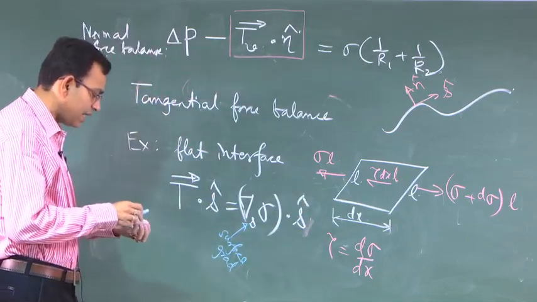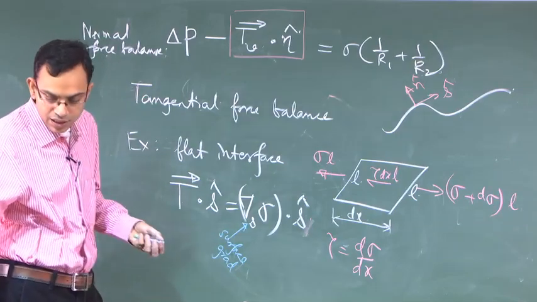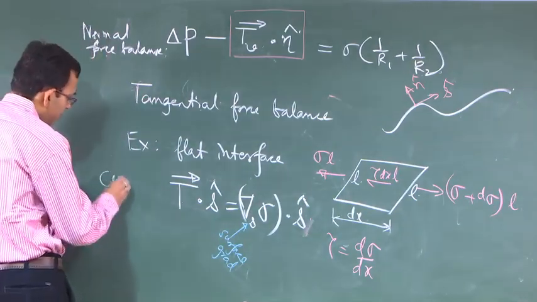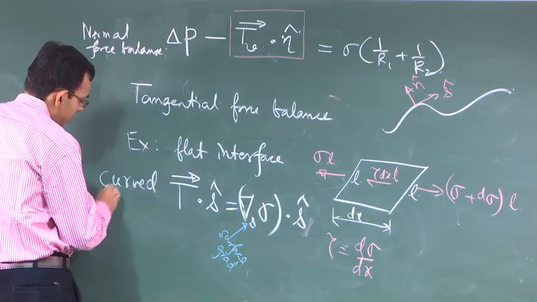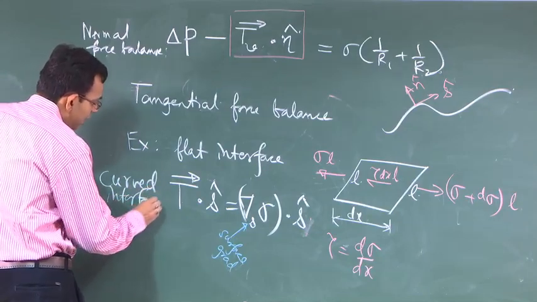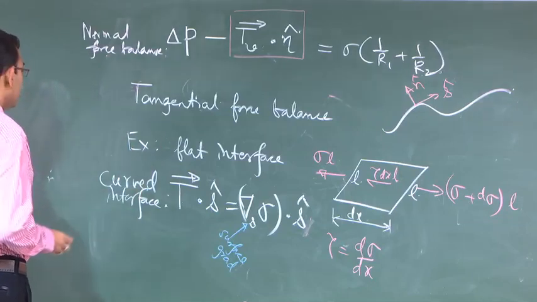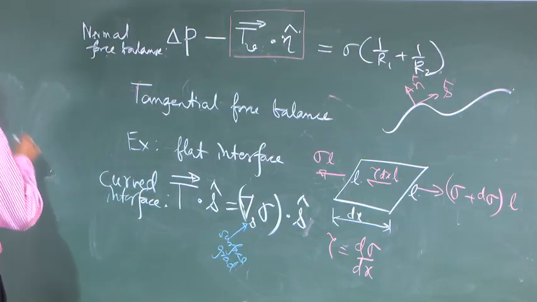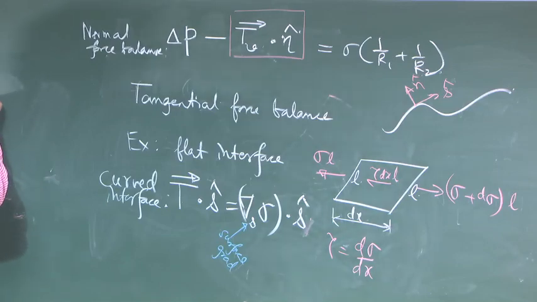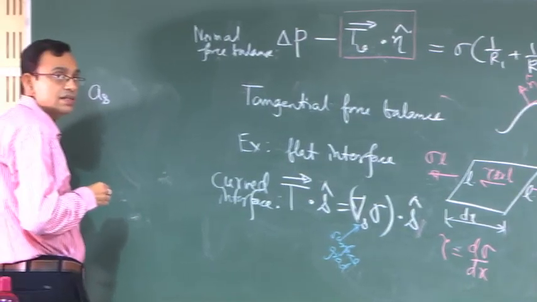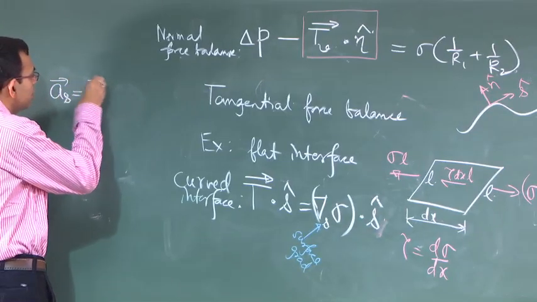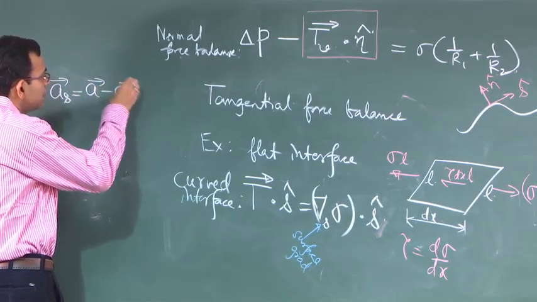So, what is grad s? Let us just take an example. So, this is a curved interface, this is not a flat interface, because here we have taken the s and n directions. So, to understand how to write an expression for grad s, let us say we write an expression for acceleration along s, just as a different analogy altogether. So, acceleration along s is acceleration minus acceleration along n.